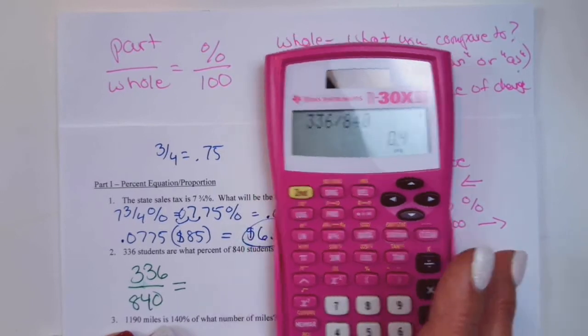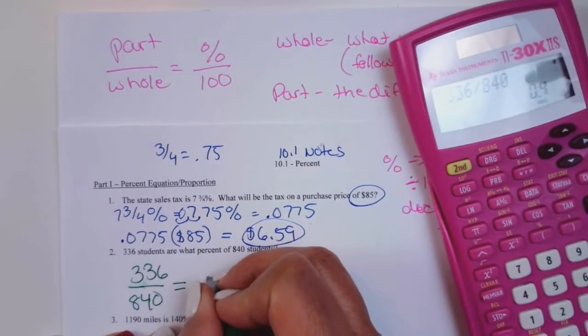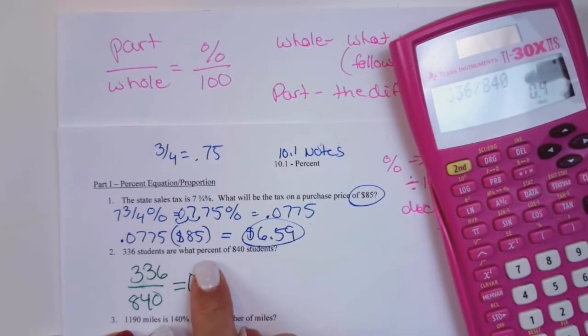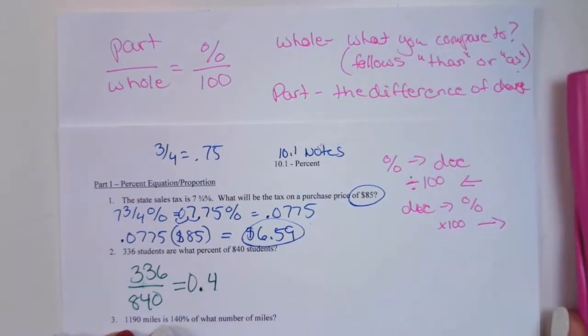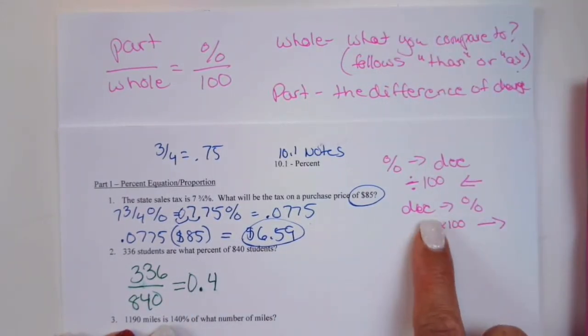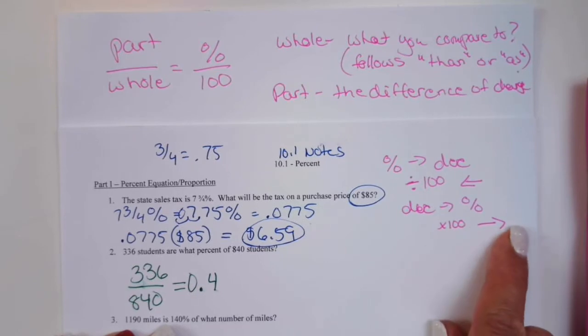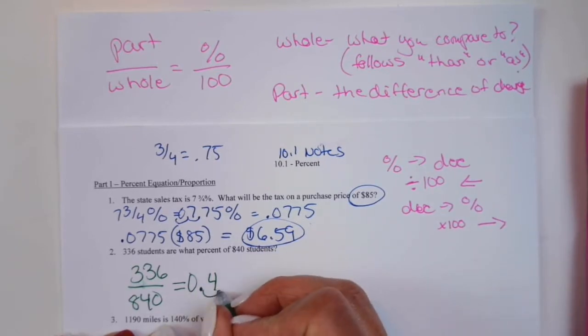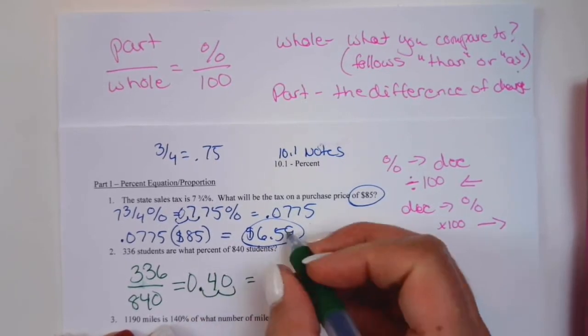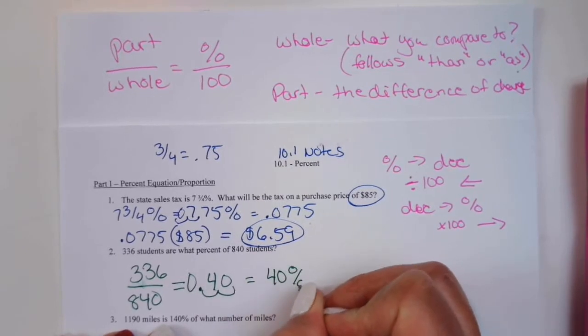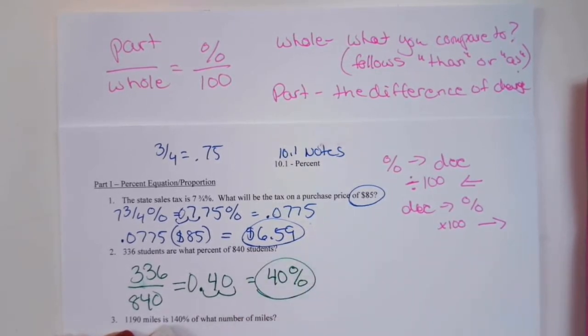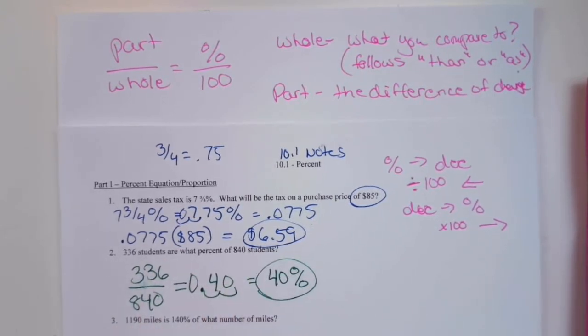That is 0.4. So 0.4, what percent? When we are converting decimals to percent, we're multiplying by 100 and moving the decimal point 2 to the right. So 1, 2. This would be 40%. So 336 students are 40% of 840 students.